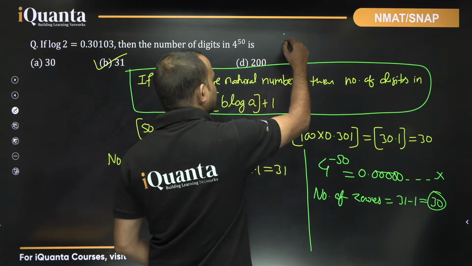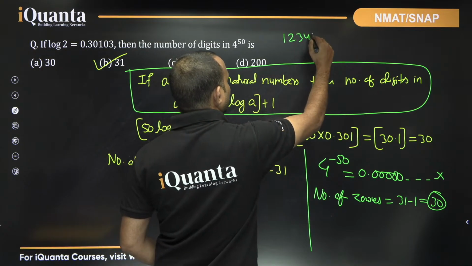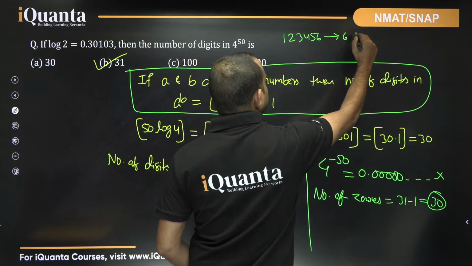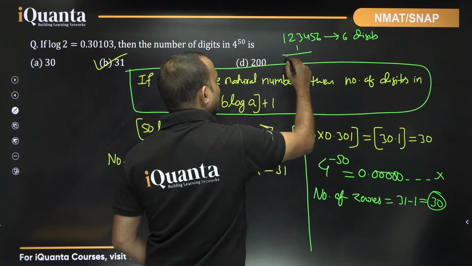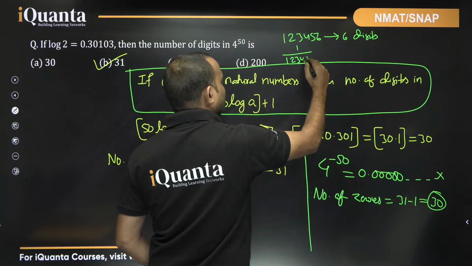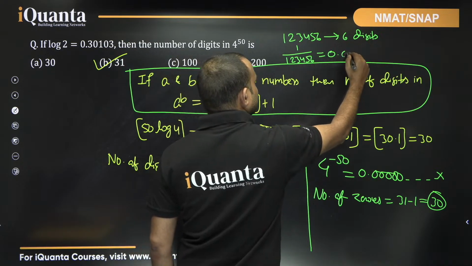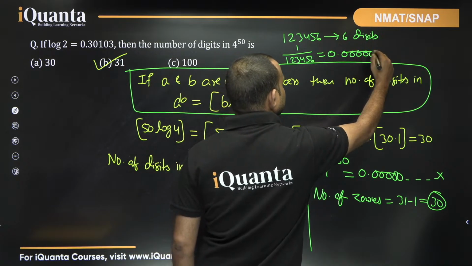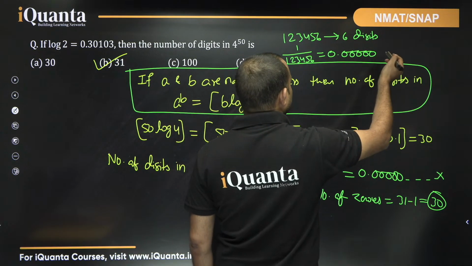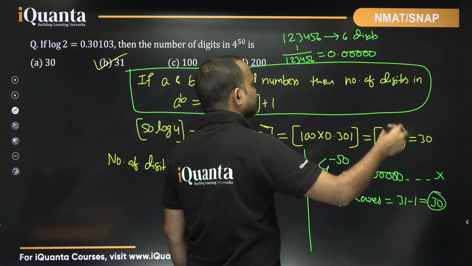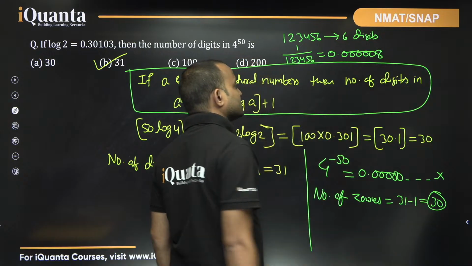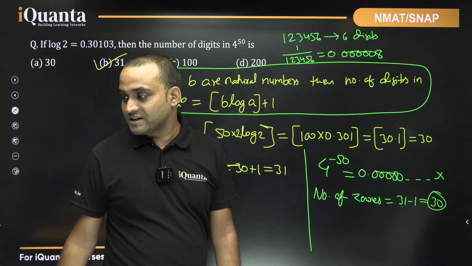If 1, 2, 3, 4, 5, 6 has 6 digits, then 1 by 1, 2, 3, 4, 5, 6 will be equal to 0.00000 and then something.